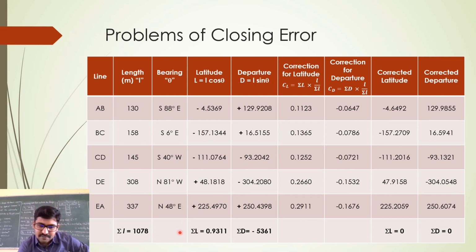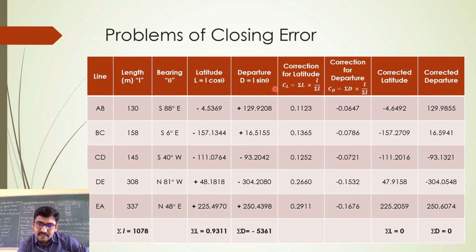First observe what is the sign for summation L. If it is positive, then you need to subtract the correction. So latitude minus correction will give you the corrected latitude. So this entire column is obtained by subtracting these corrections from these latitudes. These are the wrong ones because they have the error. So erroneous latitude minus correction will give you this.